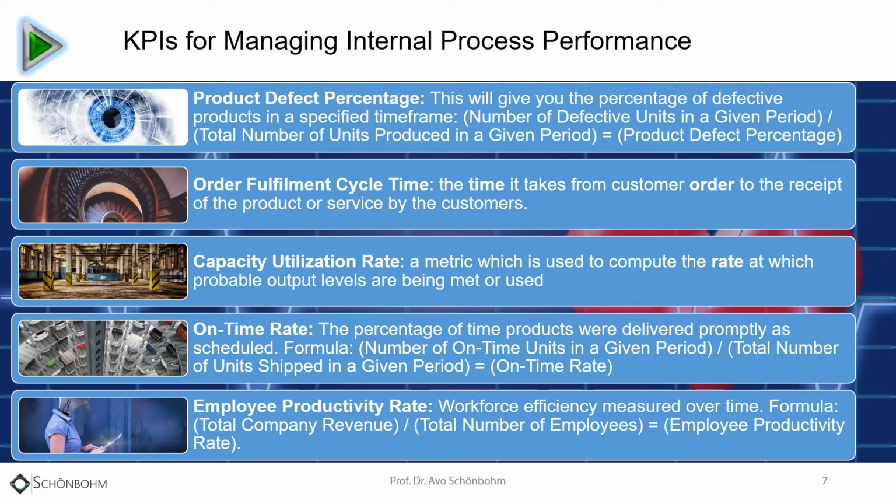It'll end up with something like 200,000 euros per employee. That would be a rather good number, because usually most employees don't cost 200,000 euros per employee. So the employee productivity rate is a good indicator of our business model and the industry we are in.